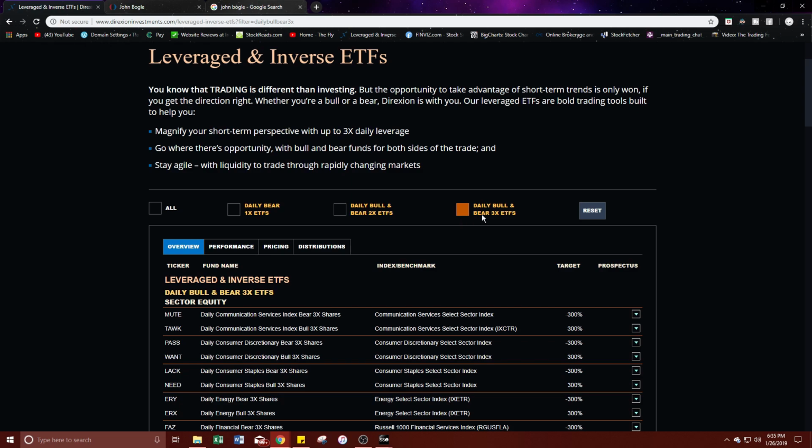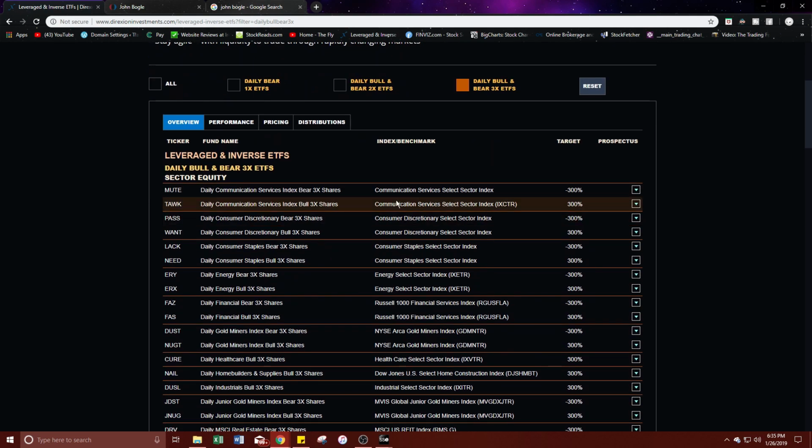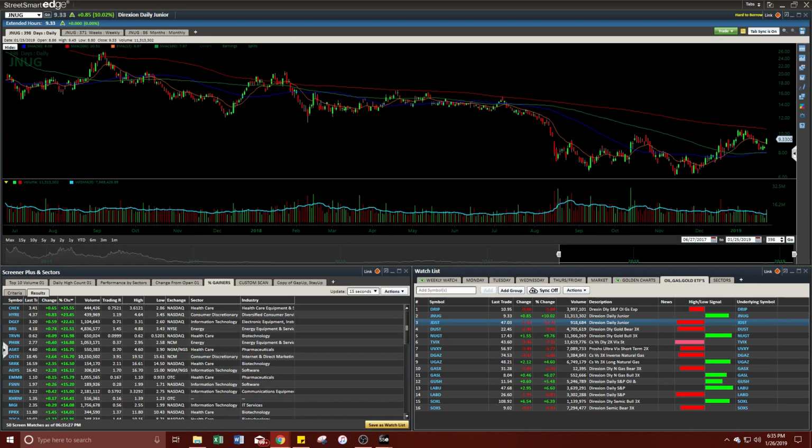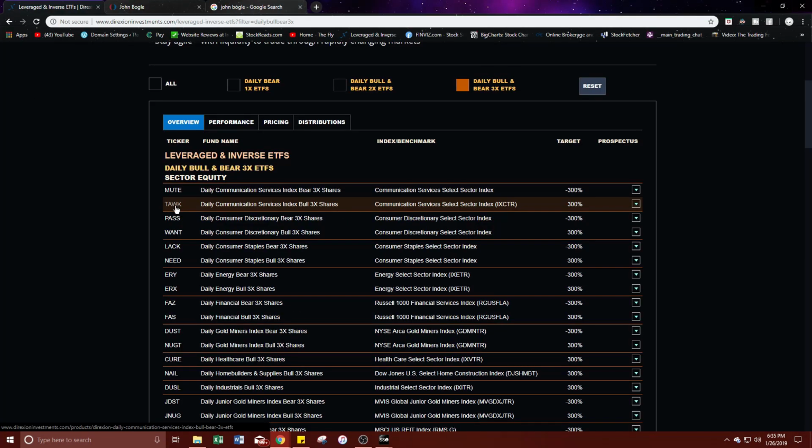So I clicked on the 3 times daily, 3 times leverage ETFs, and I just simply went through and pulled up my charts and typed in the ticker, and if it shows in the history on the intraday and the daily chart that it likes to move and it corresponds with the other ticker, that it does the inverse or the opposite of whatever that one ticker does, then I'll add it to my list.